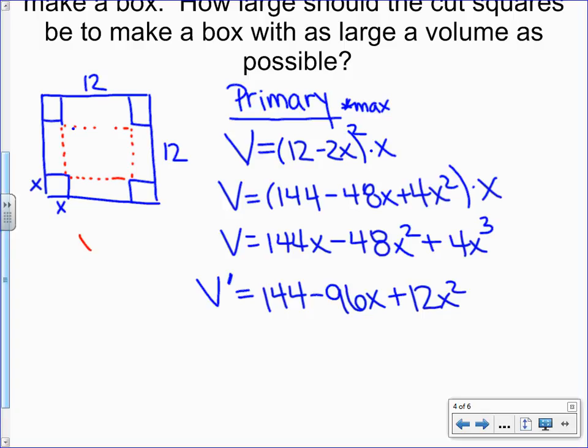So x needs to be bigger than 0 and less than 6. Because if we're cutting 4 squares out and they're 6 by 6, that would be the entire box, right? Exactly, which is why it's not a part of our domain. Okay. Thank you, Nathan.